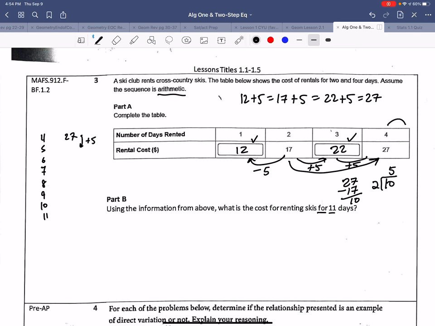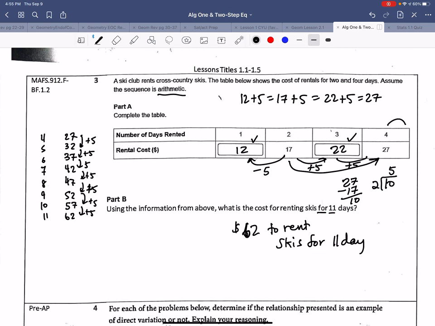And again, each time we're adding 5. So that would be 32, 37, 42, 47, 52, 57, 62. $62 to rent skis for 11 days.